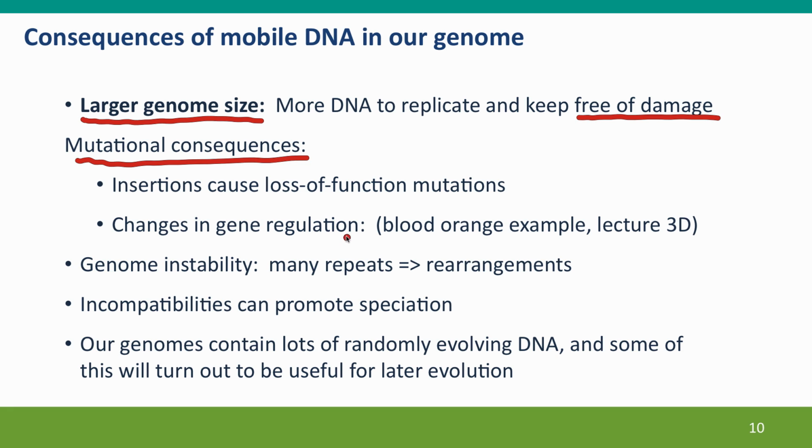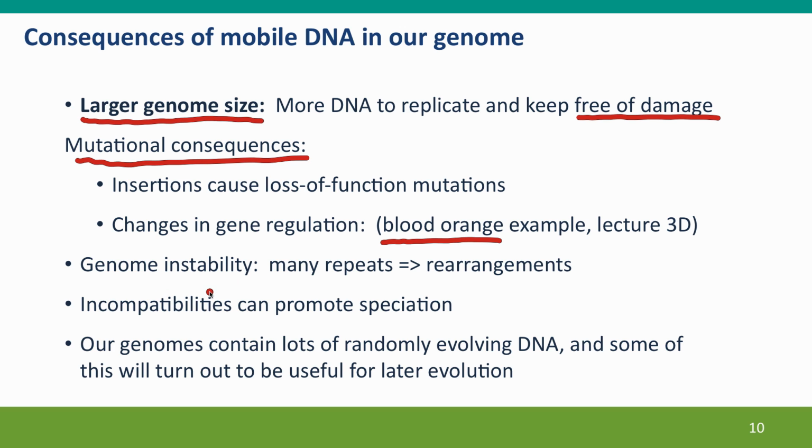They also can cause changes in gene regulation. Because these elements themselves contain promoters, their promoters can drive gene expression in new ways. We saw this in Module 3 when we looked at how blood oranges came to synthesize so much red pigment.